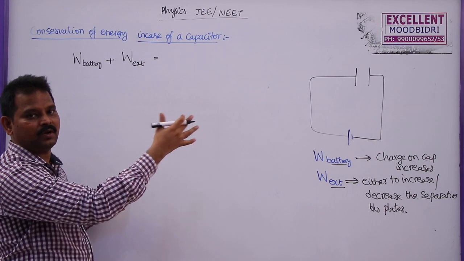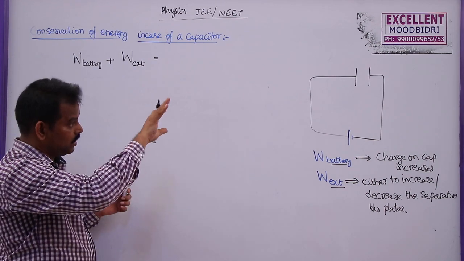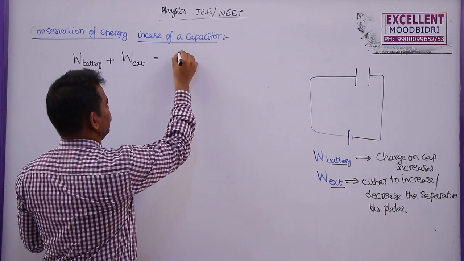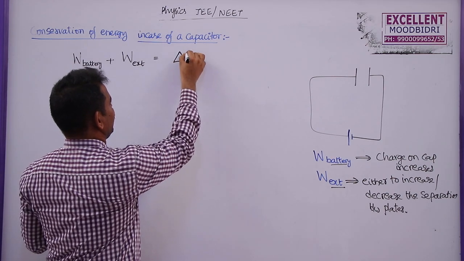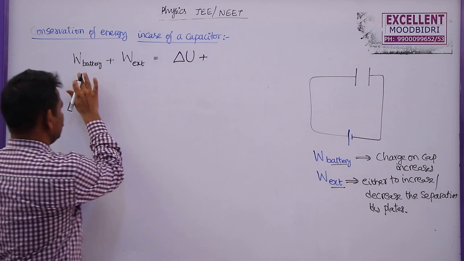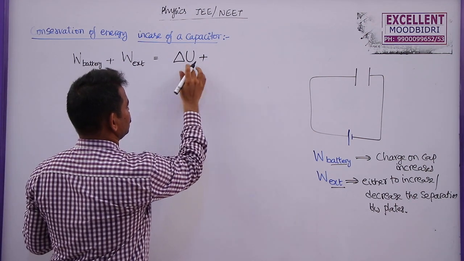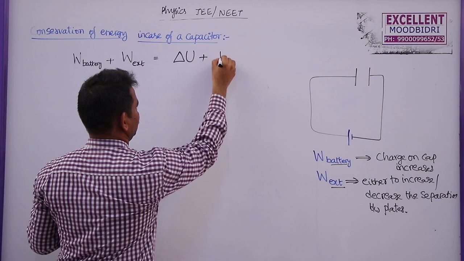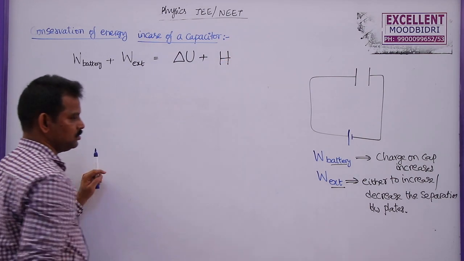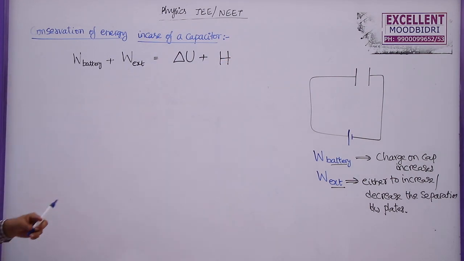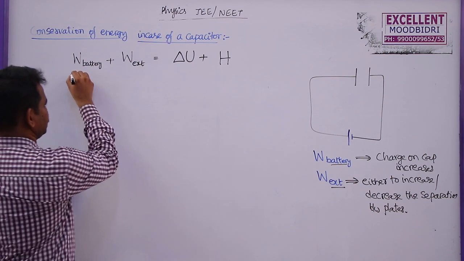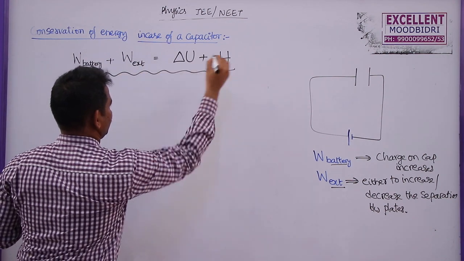Whenever charge increases, the field between the two plates increases. Whenever the field increases, the energy stored will increase. So these two works are equal to the change in energy in the capacitor plus the heat produced in this system, where H is the heat produced. So this is the expression that we can use here.